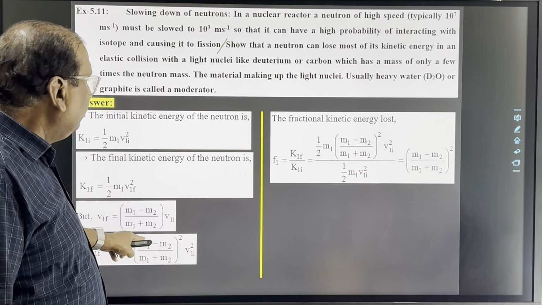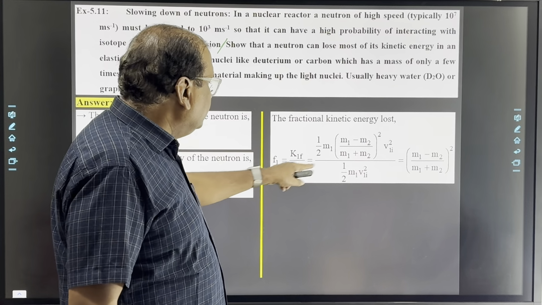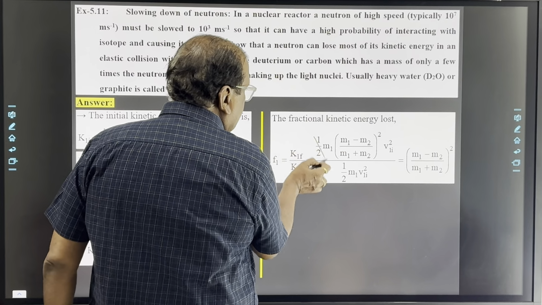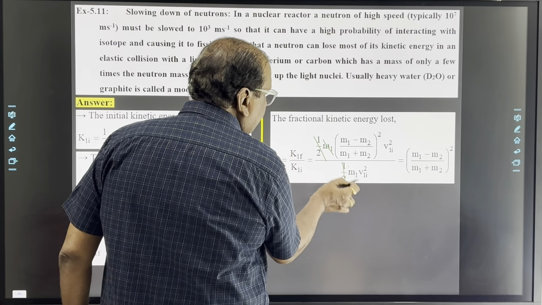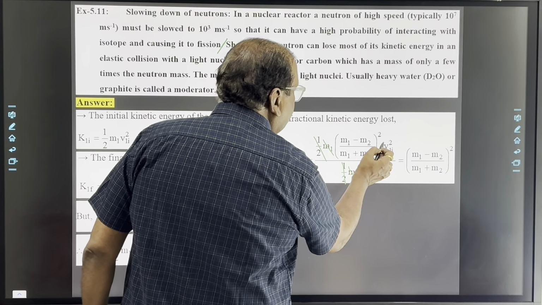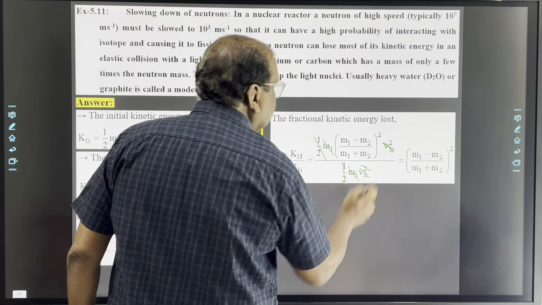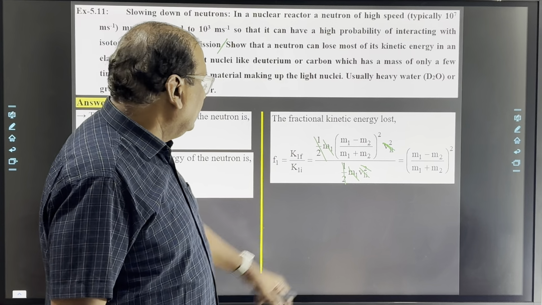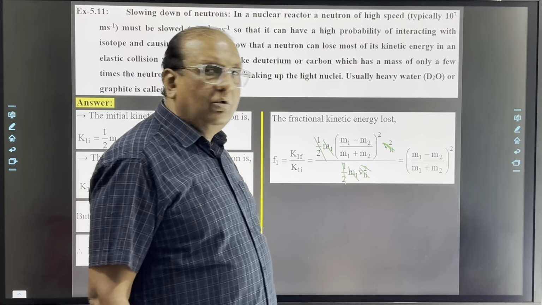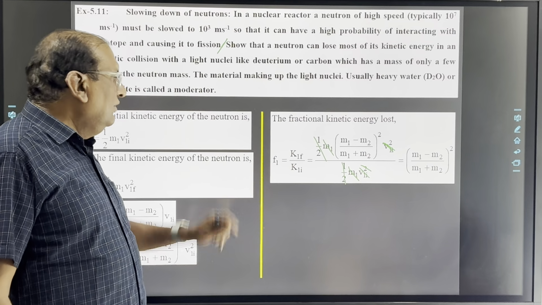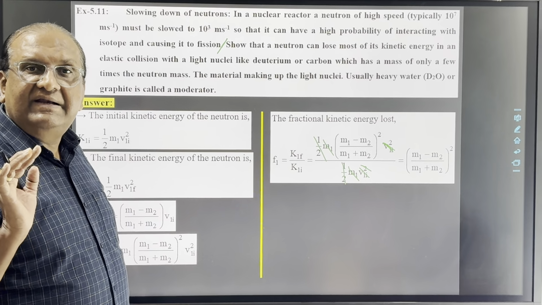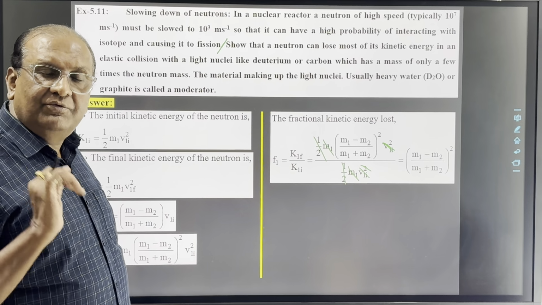Final is this equation, initial is half m1 v1i square. So here half m1 cancels, and v1i square cancels here. So you will get resultantly ((m1 minus m2) upon (m1 plus m2)) whole square. Now this one is the fractional loss in kinetic energy for a neutron.